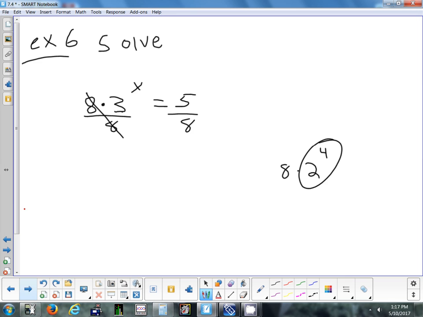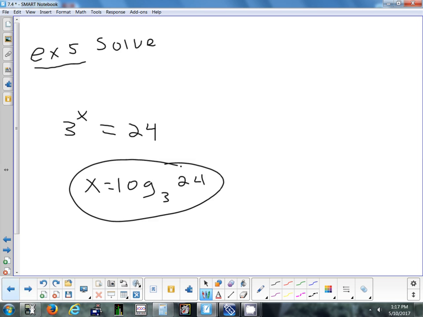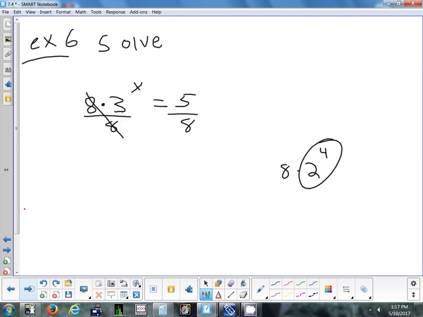Number to a power equals a number. So if you got x by itself here, Ben, what would x equal here? So we have to do what we did in example 5.